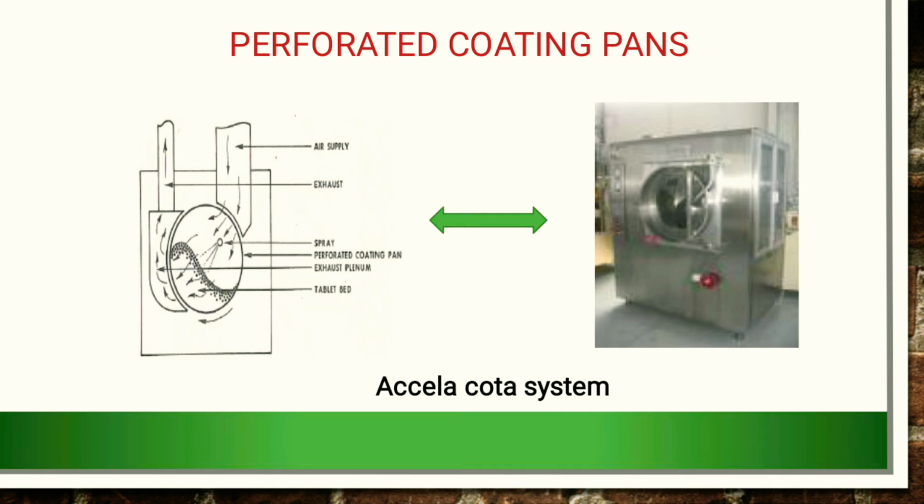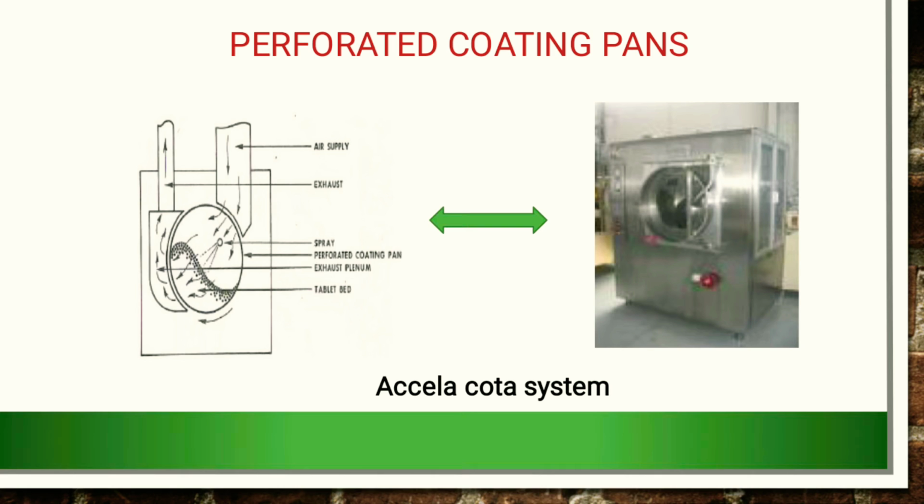Further, inlet air, as you can see in the diagram, is by the plenum in contact with the top of the pan, whereas air is exhausted by the plenum which is located below the pan. You can see from the diagram, exhaust air is released from below the pan, whereas the air is inlet through the top of the equipment.